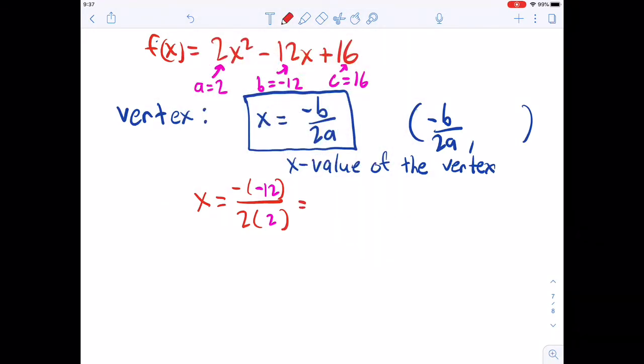Then we calculate that out. So negative negative 12 is positive 12. 2 times 2 is 4. 12 divided by 4 is 3. Okay, so that's the x value of our vertex. Given our vertex, the x value is 3.